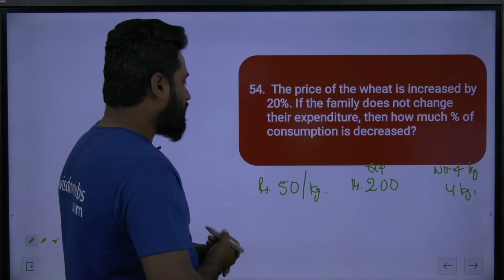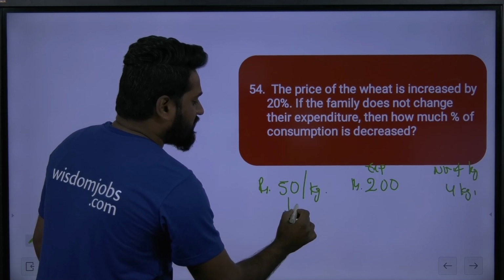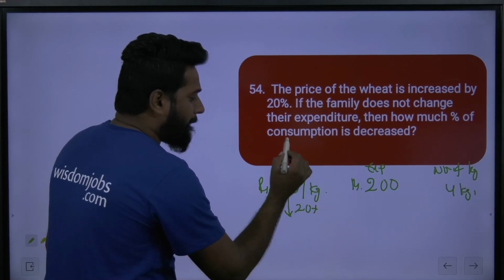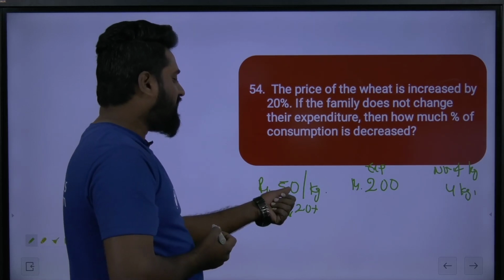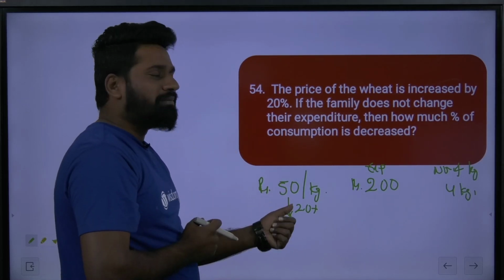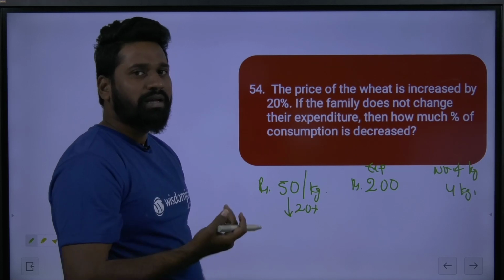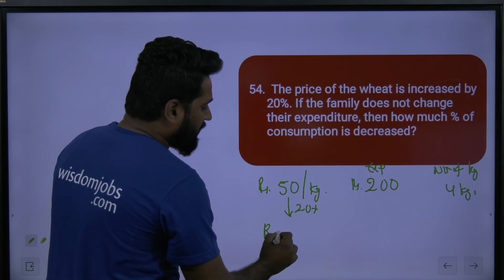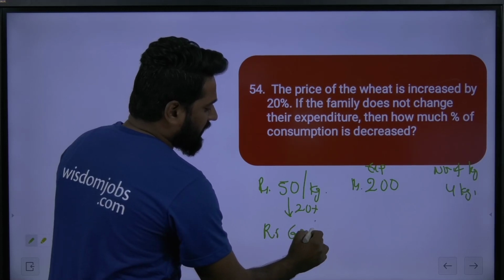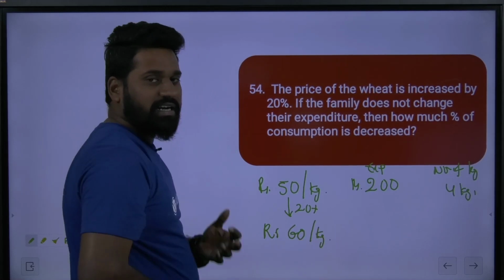Coming to the next one, suppose this is increased by 20%. 20% of the rate is increased. 50, 10% is 5, 20% means how much? Definitely 10 rupees. So increased by 10 rupees means the new price becomes 60 rupees per kg. Is it clear, all of you?